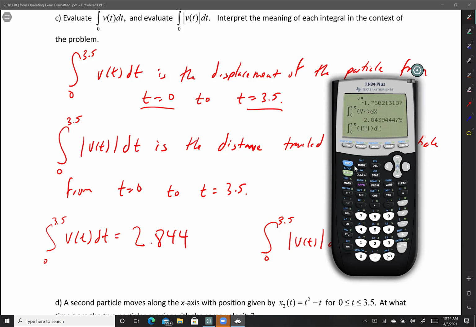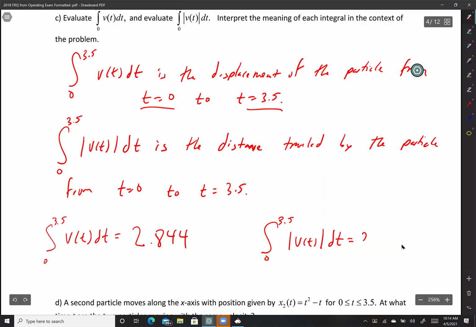And there's the absolute value, guys. Alpha trace, Y1. And then enter. It's thinking, but it'll work. It's working really hard. 3.737.